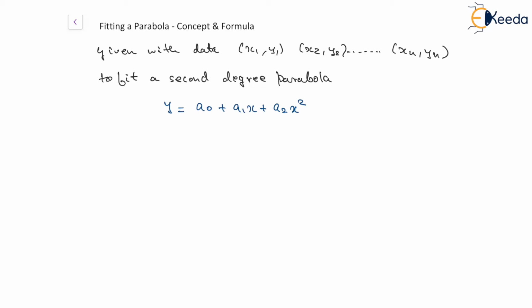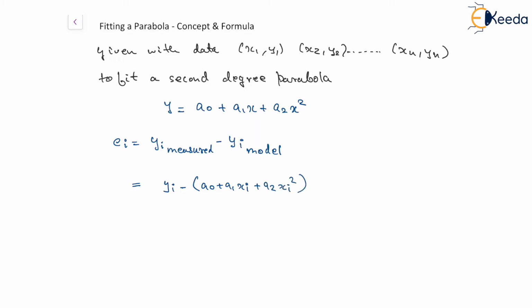And with this, if we are assuming that this is the best fit, then of course there will be some error, and that error with respect to the actual point and the model can be given as ei equal to yi measured minus yi model, and this will be yi minus (a0 plus a1 xi plus a2 xi square).